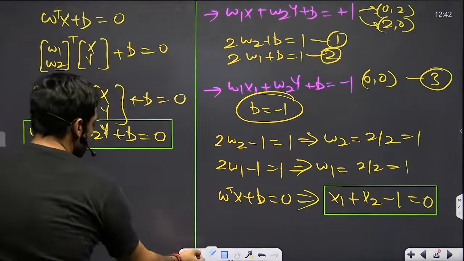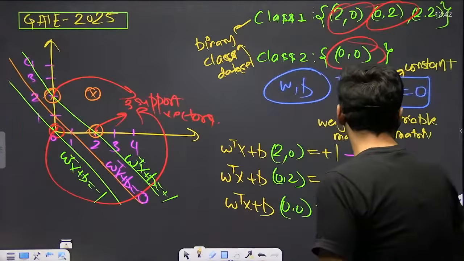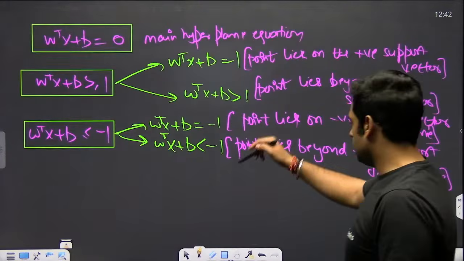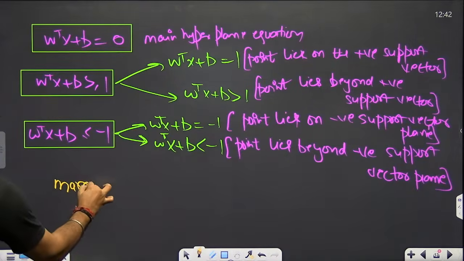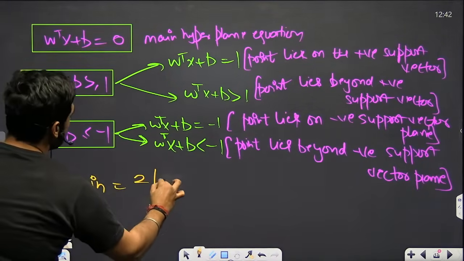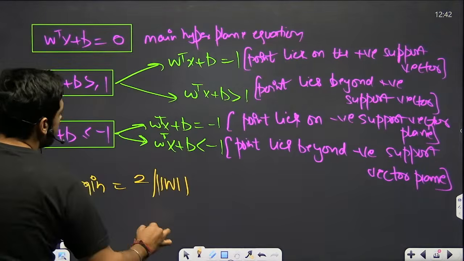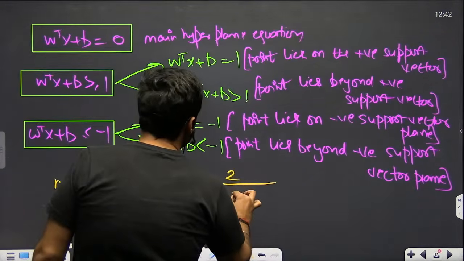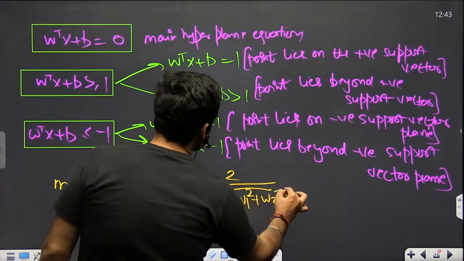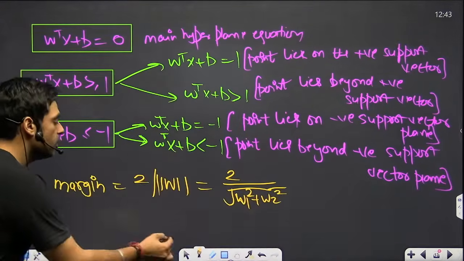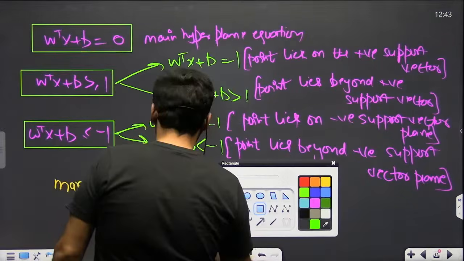So just write the updated formula of margin: 2 upon norm of W, that means 2 upon under root of W1 square plus W2 square. So this is the formula for margin. Everyone please note this, very important.